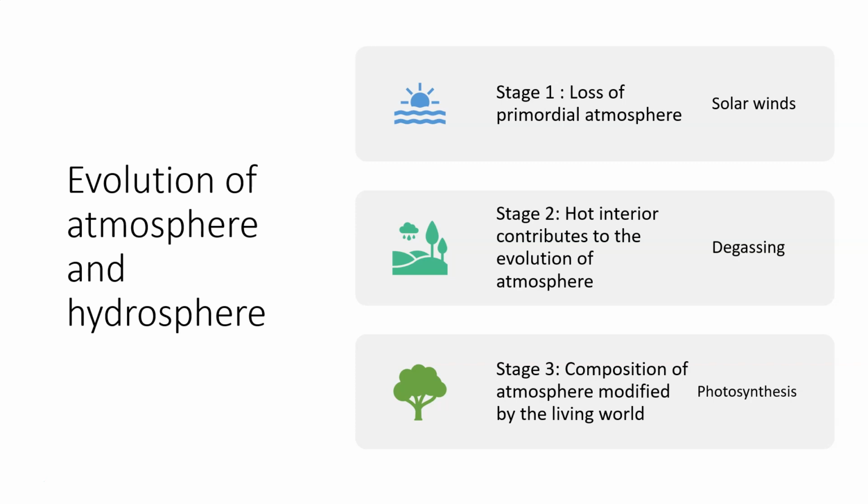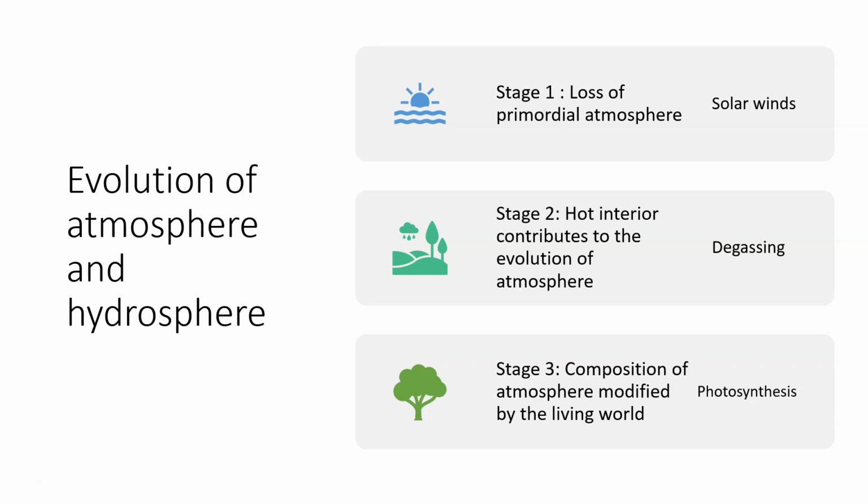This started the evolution of the present atmosphere. The early atmosphere largely contained water vapor, nitrogen, carbon dioxide, methane, ammonia, and very little free oxygen. The process through which the gases were released from the interior is known as degassing. Continuous volcanic eruptions also contributed water vapor and gases to the atmosphere.